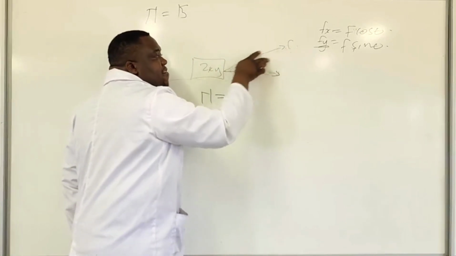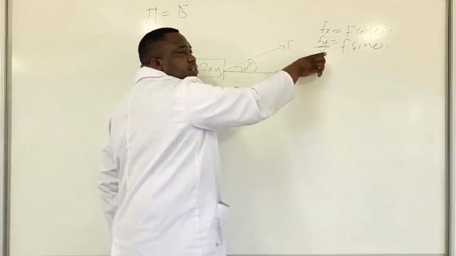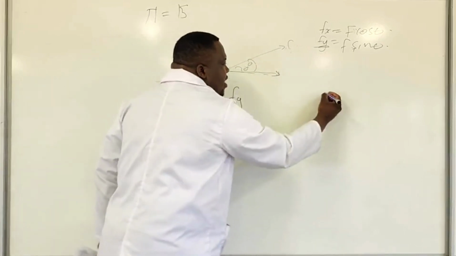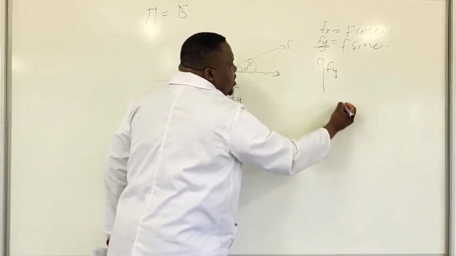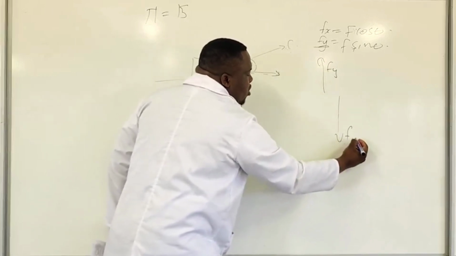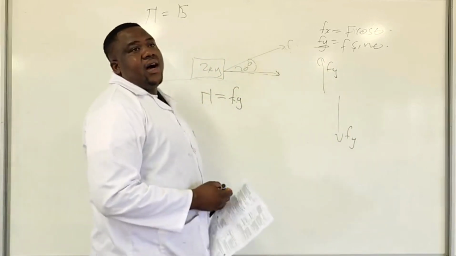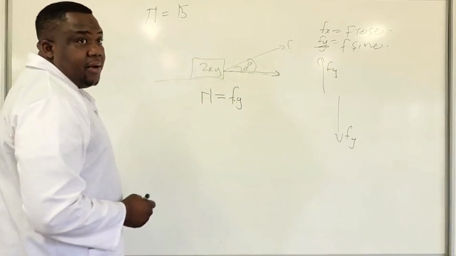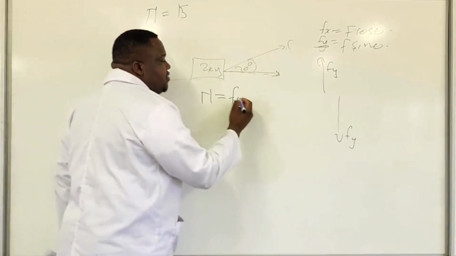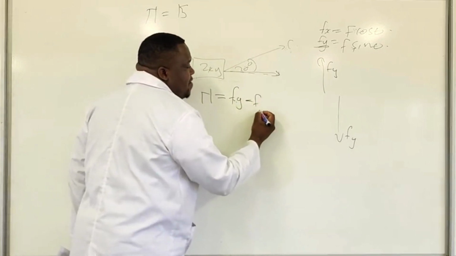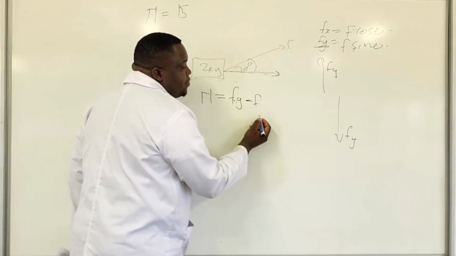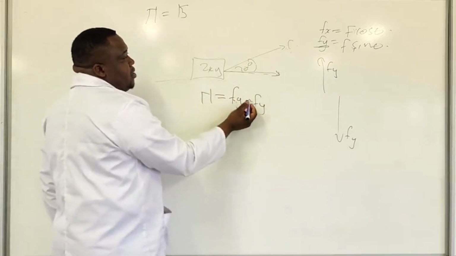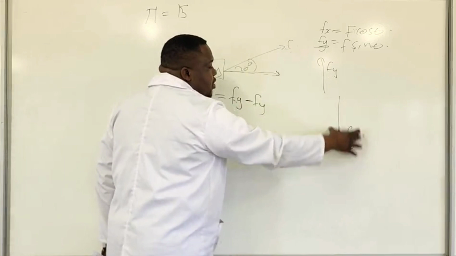So Fy is going up, Fg is going down. When vectors are going in different directions, what do we do? We subtract them. So we're going to say Fg minus Fy.